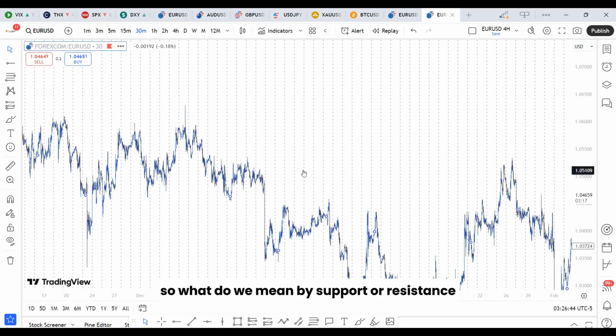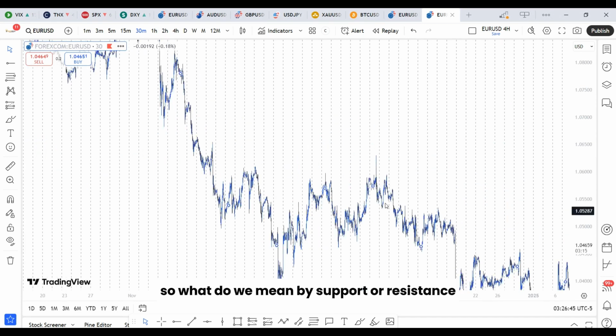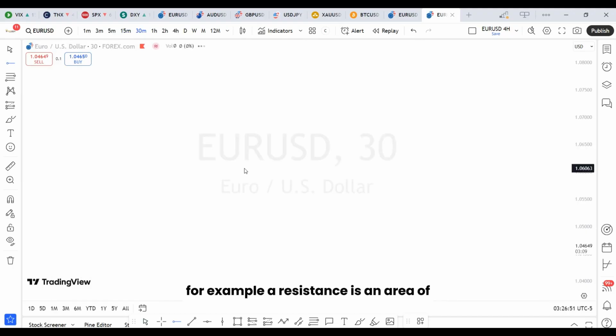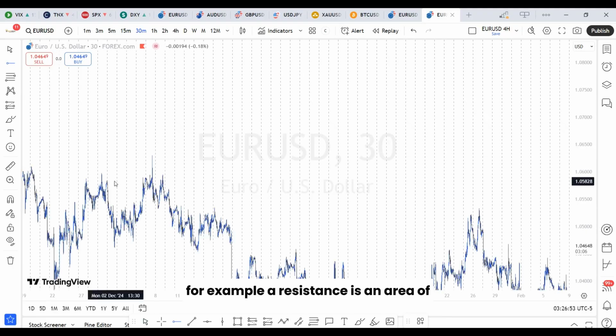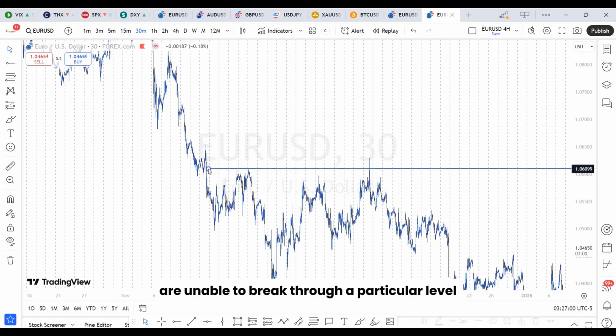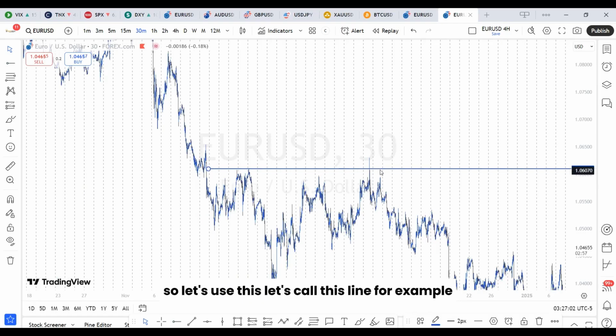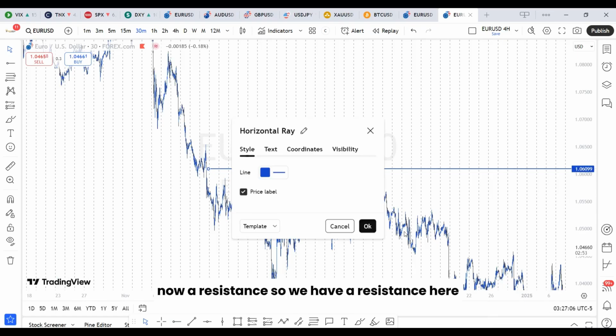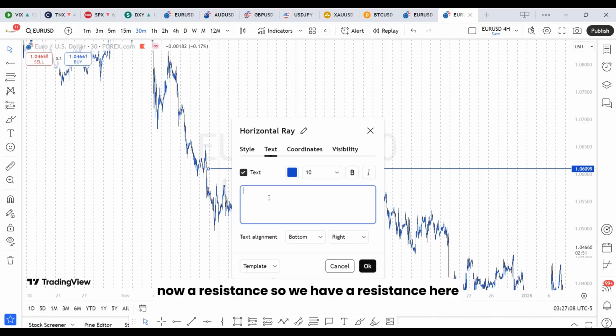So what do we mean by support or resistance? Support and resistance are simply areas. For example, a resistance is an area where buyers are unable to break through a particular level. So let's call this line, for example, a resistance.